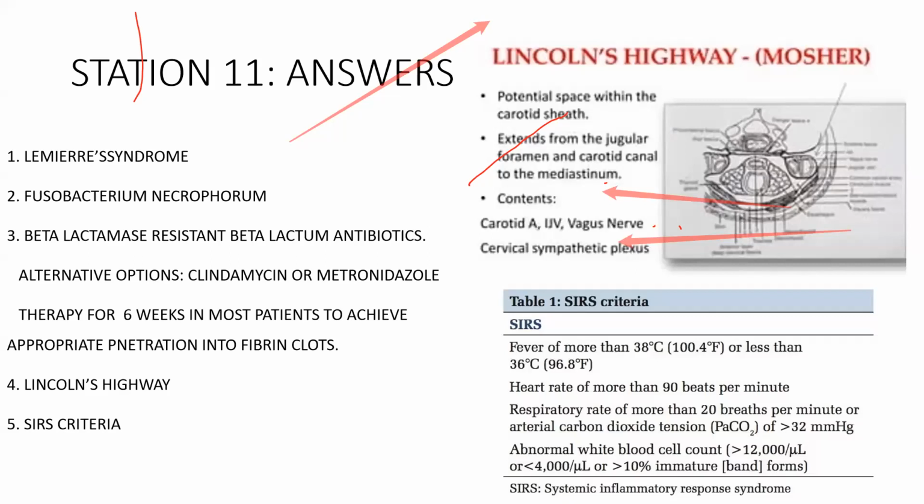Also you should know about the various cervical fasciae, like the pretracheal fascia, prevertebral fascia, deep cervical fascia, and what is the carotid sheath. The anatomy of the neck should be absolutely known to you. Then only you can answer these questions. And go and read about the first criteria.